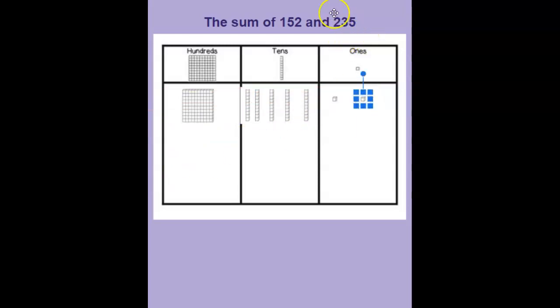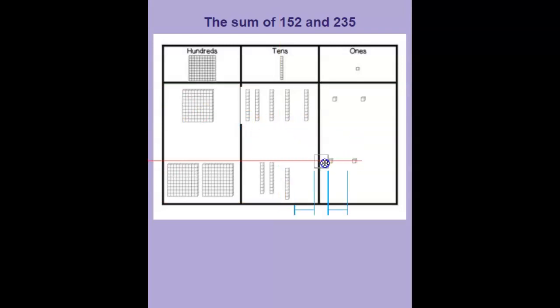And the number 235, there's 2 in the hundreds place, 3 in the tens place, and 5 in the ones place. 2, 3, 4, 5.